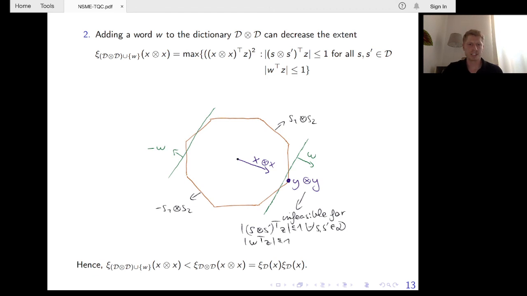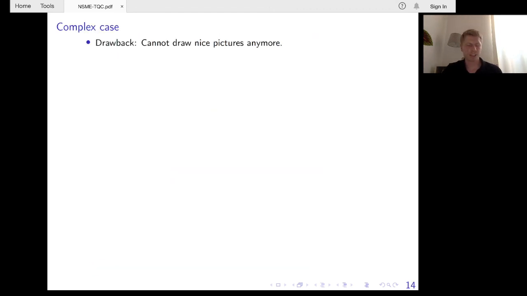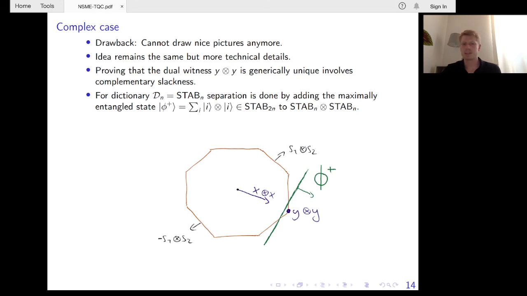Also in the complex case, maybe the major drawback is that you cannot draw these nice pictures anymore. But the idea remains completely the same, with some more technical details. And if you want to prove this generic uniqueness of this dual witness, or the analogue of the dual witness, then you use complementary slackness, which is also a standard tool in conic optimization.